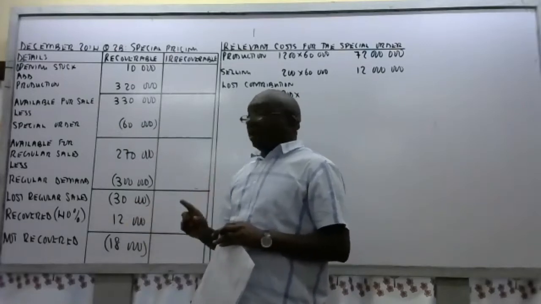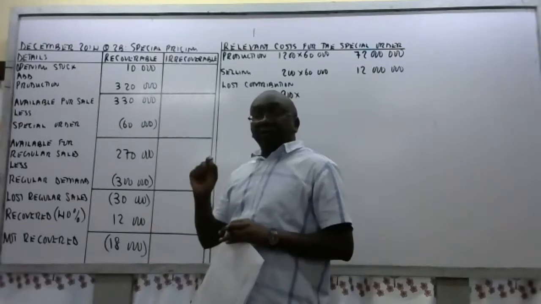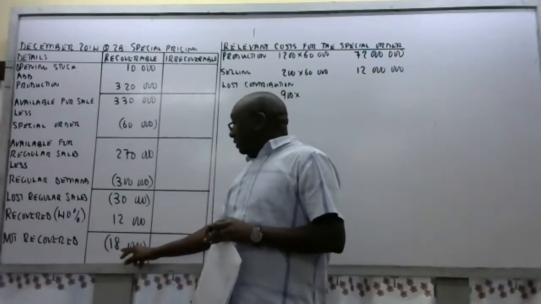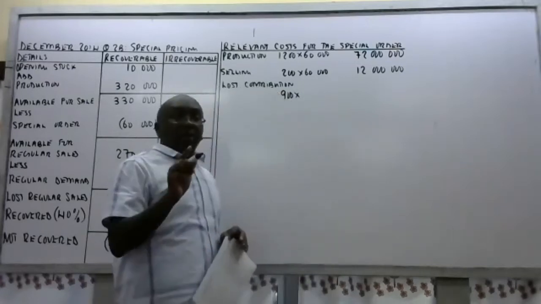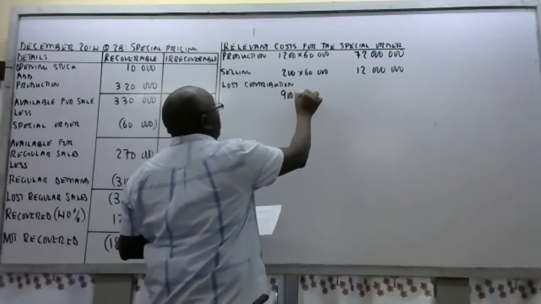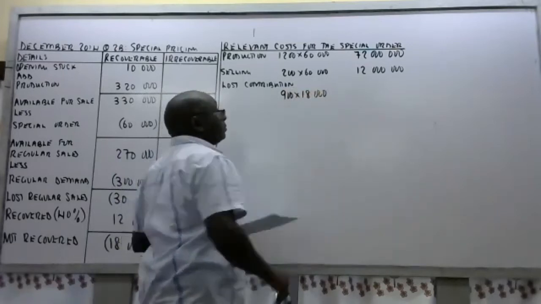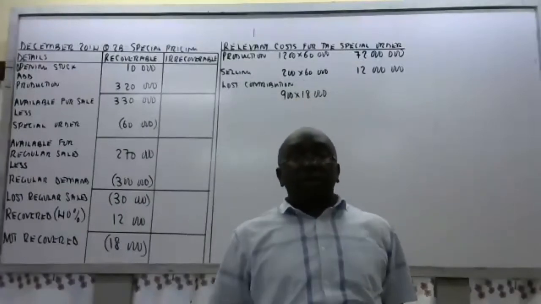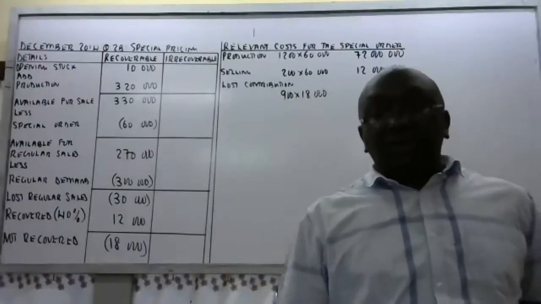So what we need to account for is the one that will not be recovered. So this 18,000, for each one of them, we are losing 900. So multiply by 18,000 so that we know how much that is.